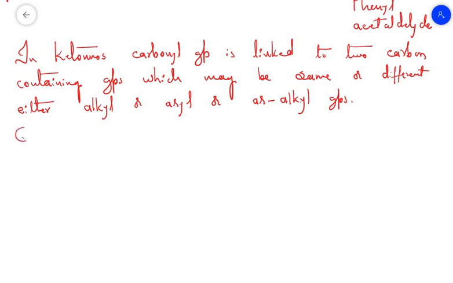And the general formula of ketones is R C double bond O R dash.